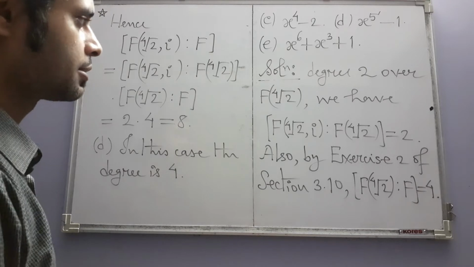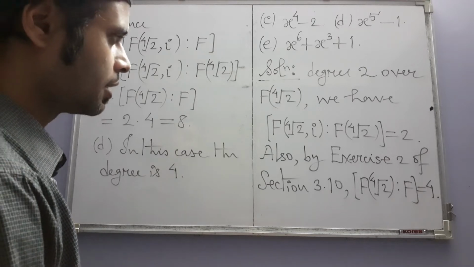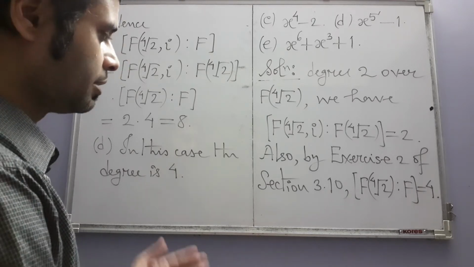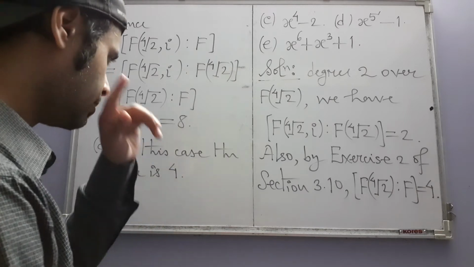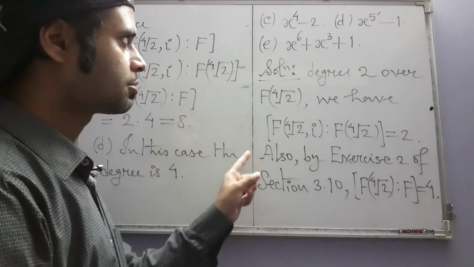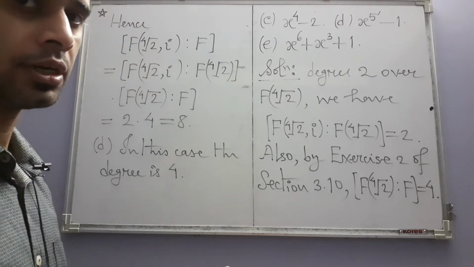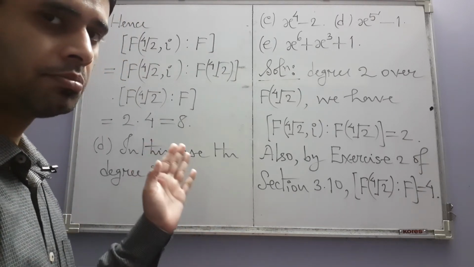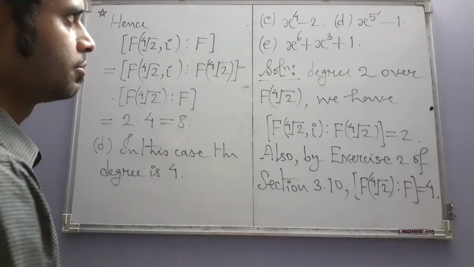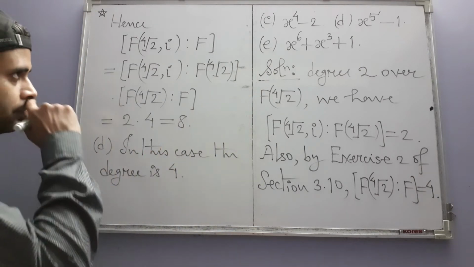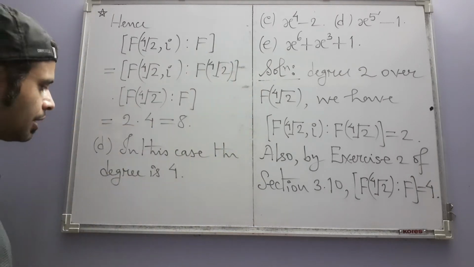And that next exercise, exercise 7, just says, it's this statement that the degree of the polynomial x to the power p minus 1 over the field of rational numbers is p minus 1, where p is a prime. Here in place of p we have 5.